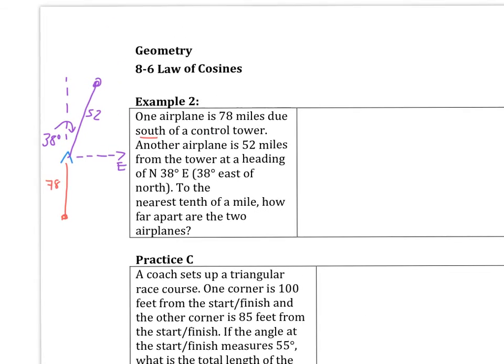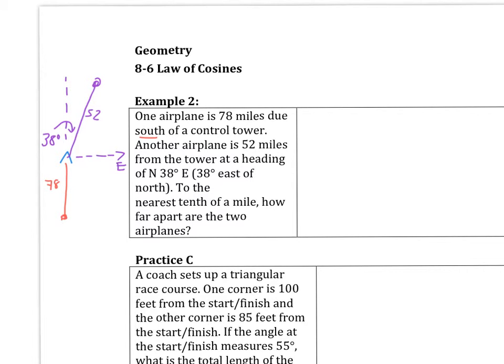So I'm going to re-sketch that over here. So here's my control tower. And directly south is an airplane. And then the other one is up here, and I'm going to draw that reference right there because this angle is the 38 degrees.